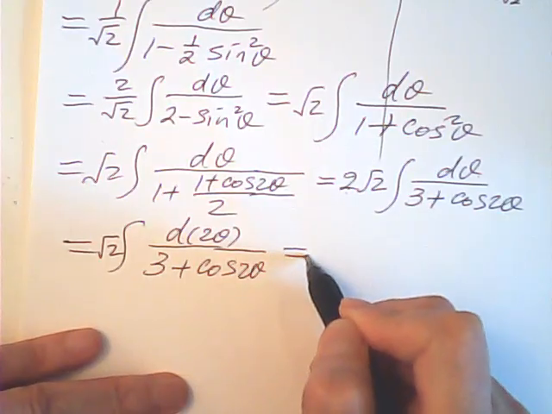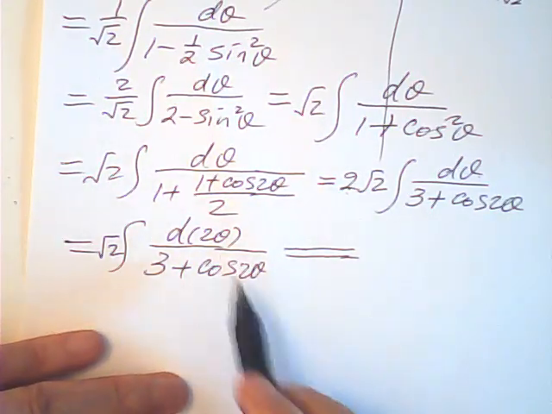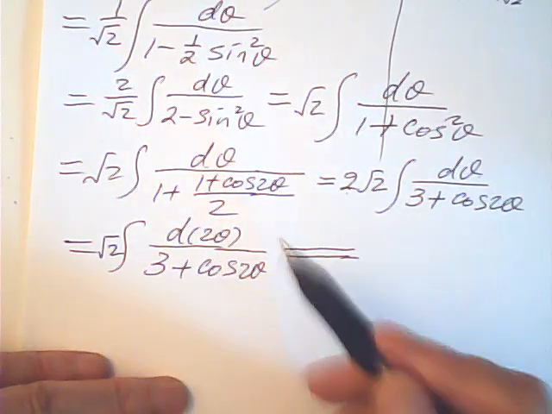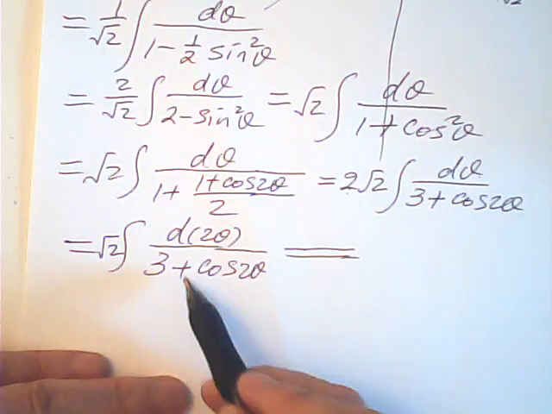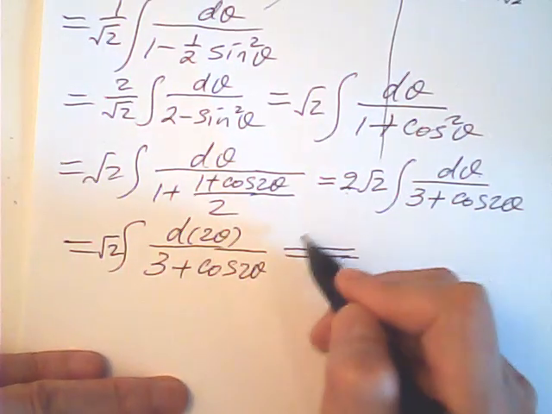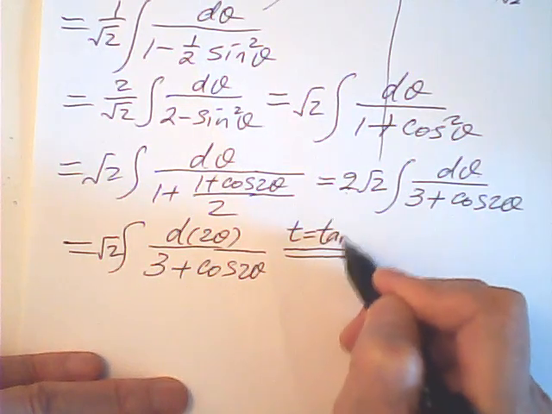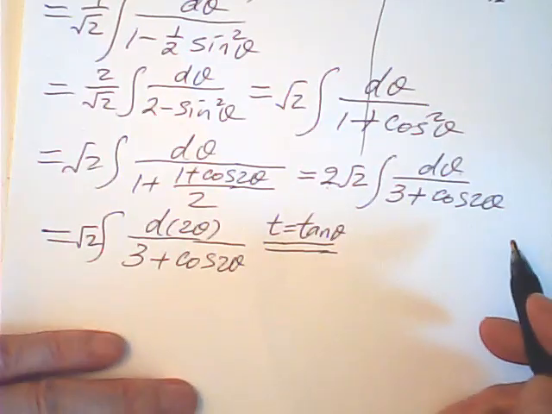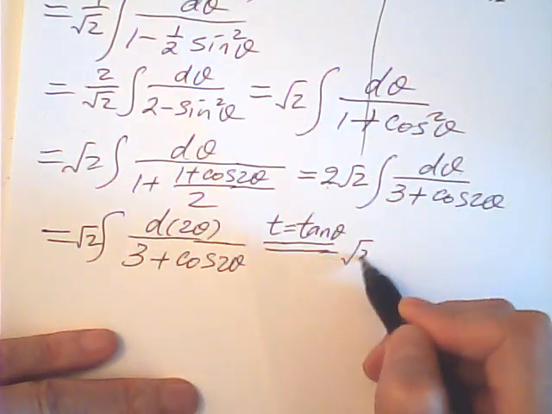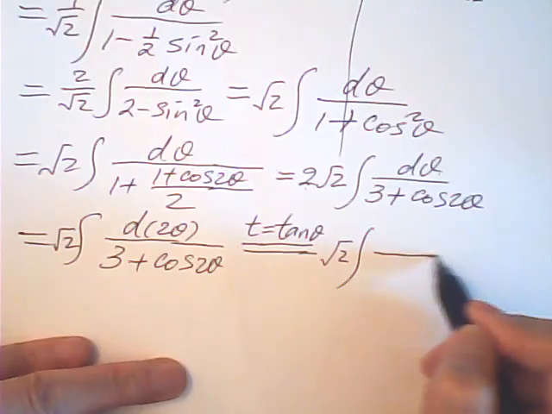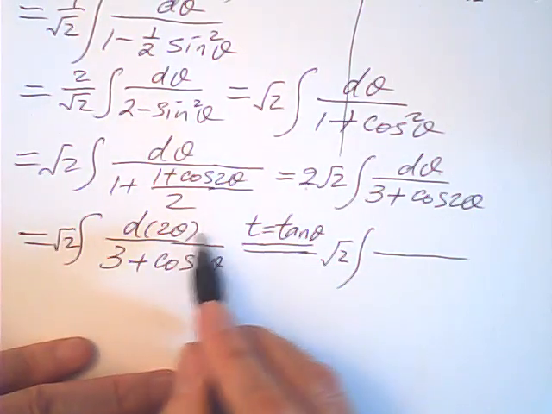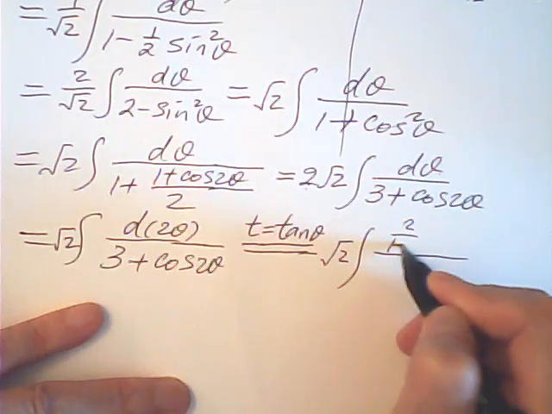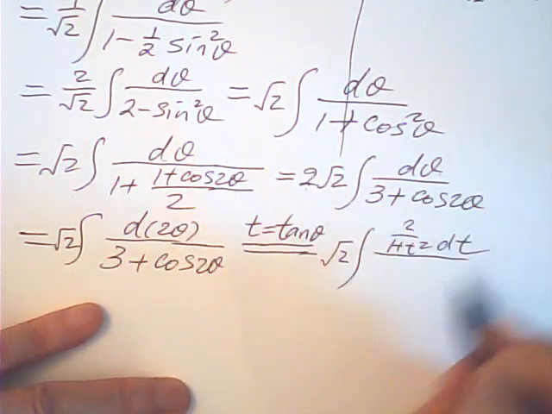This is equal to, well, if this is theta, I'll let t be tangent of half theta, right? But this is 2 theta, so t is equal to tangent theta instead. Actually, 2 theta is half theta. Then dx will be equal to 2 over 1 plus t squared dt.